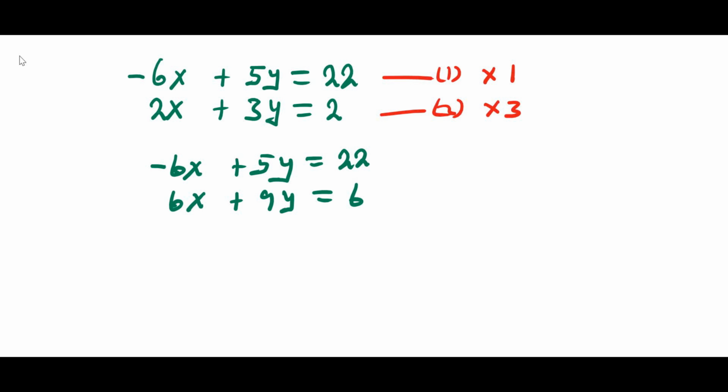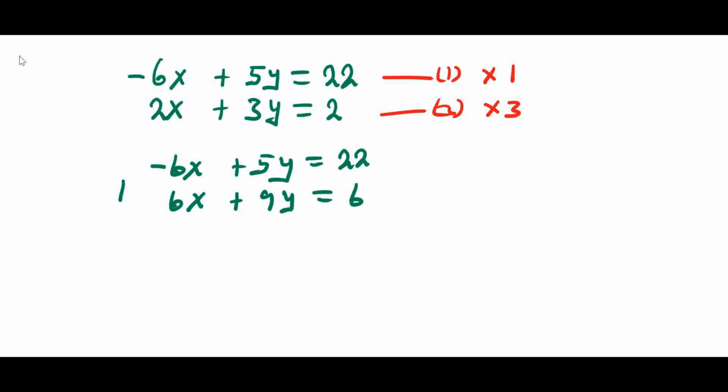Now that we have negative 6 over here, and this is positive 6, the best sign to be placed over here will just be an addition, because the sum of negative 6 and positive 6 is 0. So we can simply add them up.